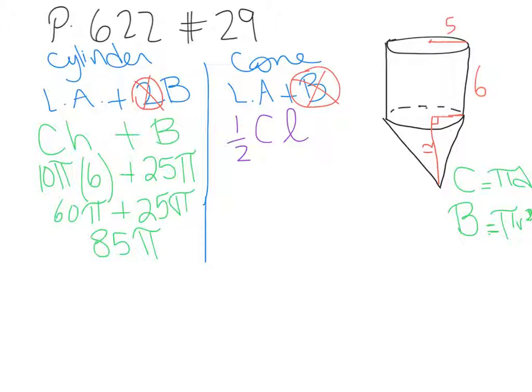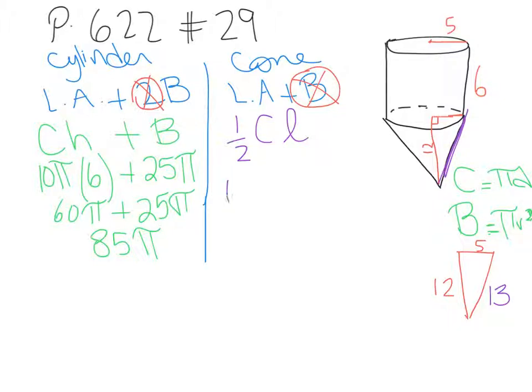I don't have the slant height of the cone, but I know I can get it. I have a right triangle that's kind of inverted. The radius is 5, the height is 12, and I can use Pythagorean theorem to figure out that hypotenuse. After you do Pythagorean theorem, you'll actually figure out that the slant height is 13, which is right here.